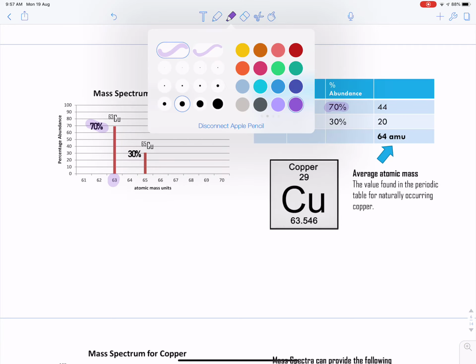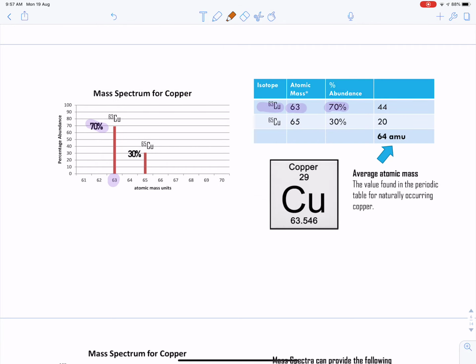And then for the other isotope, copper-65, we get 65 from the x-axis, and then 30% from the y-axis. Remember that the atomic mass here is estimated. Normally, it's not just 63. It's more precise than this, but we can estimate the atomic mass from the mass number.